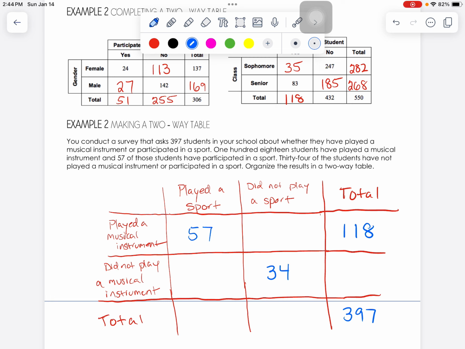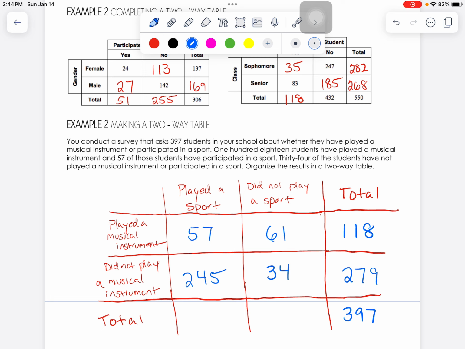So if I do 397 minus 118, I can see my total for people who did not play a musical instrument is 279. If I do 279 minus 34, that would tell me 245 played a sport and not a musical instrument. 118 minus 57 tells me 61 played a musical instrument but not a sport.